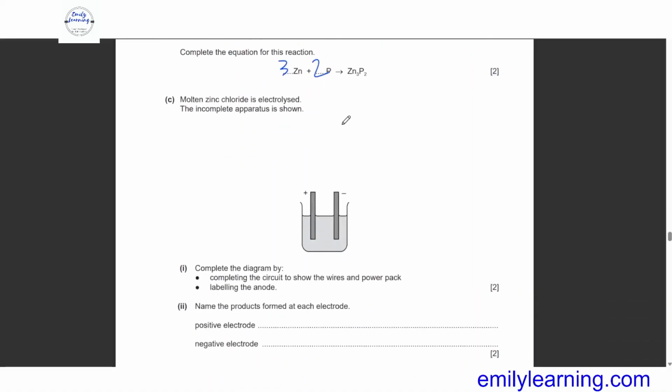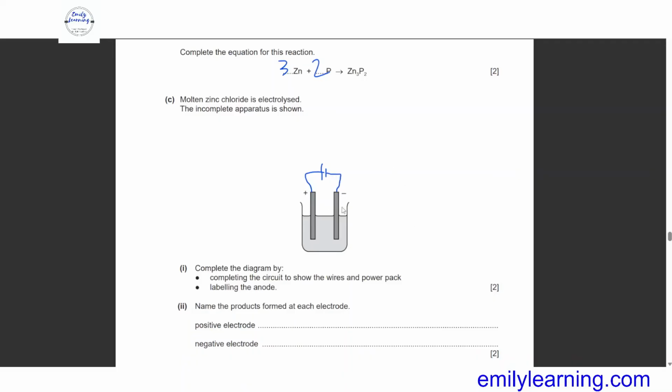Next, part C, molten zinc chloride is electrolyzed. The incomplete apparatus is shown, so you need to complete the diagram by completing the circuit to show the wires and the power pack and labeling the anode. Here is positive, here is negative, so you connect this electrode to the positive terminal of the battery, and the negative electrode is connected to the negative terminal of the battery.